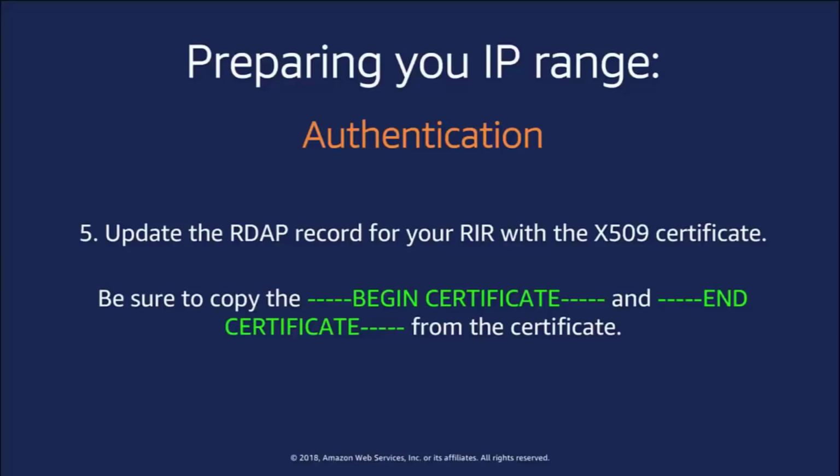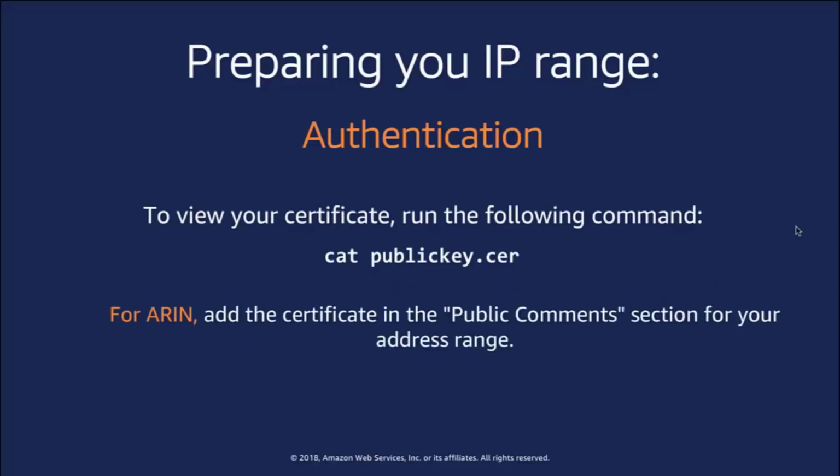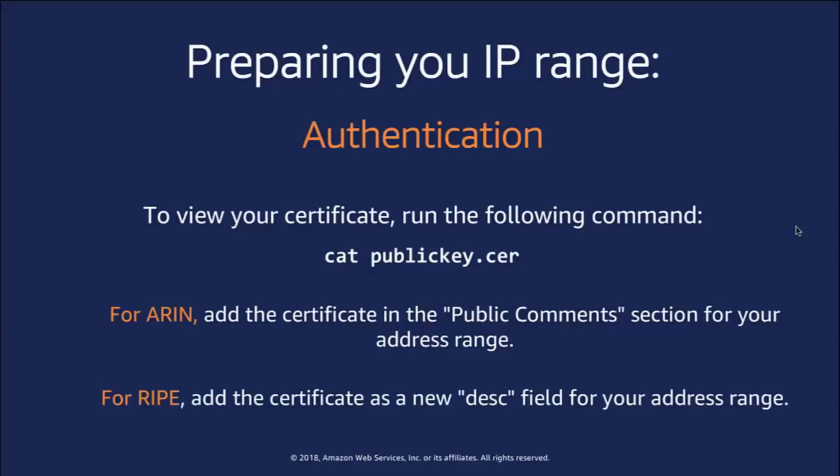You can run the cat command to view your certificate. And then for ARIN, you need to go to the public comment section of your address range and update the certificate there. For RIPE, you need to go to the description field for your address range and update the certificate there. With these steps, your IPs are now ready for provisioning.